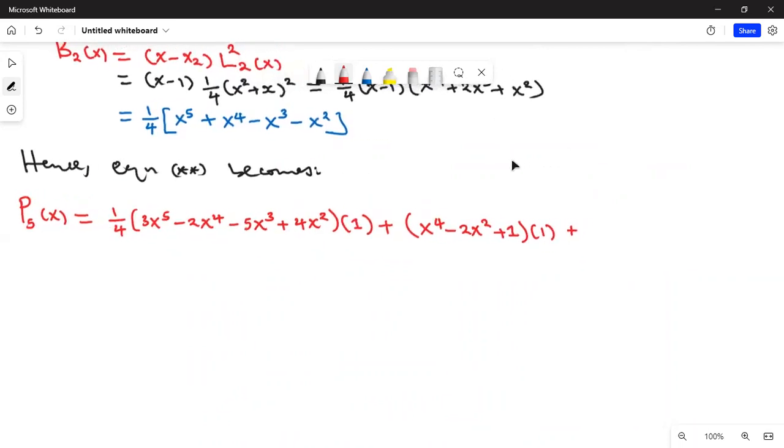So our A2 of x was 1 over 4 into negative 3x raised to 5 minus 2x raised to 4 plus 5x cubed plus 4x squared. Now, what is our F2? That should multiply F2, which is 3. So this is times 3.